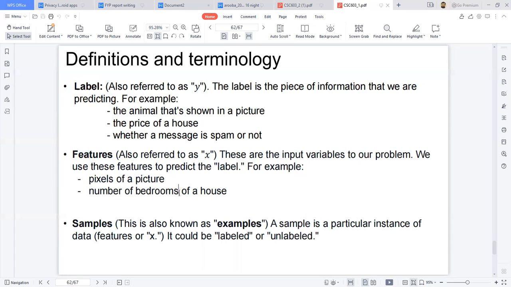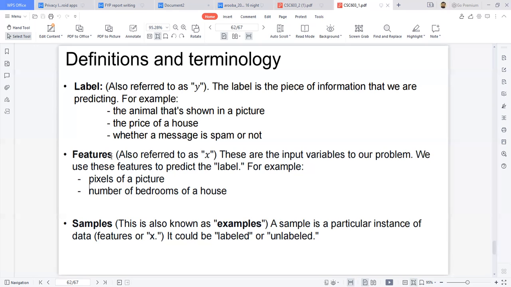Or if we have a cat picture, the ear, the nose, the shape of the nose, number of eyes, whatever. So these will be the features, and this will be written as columns.